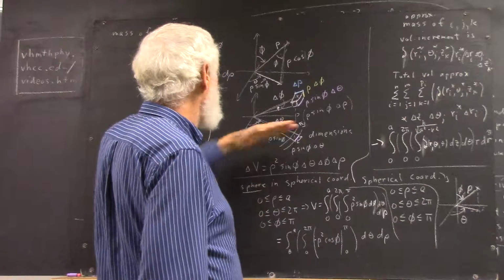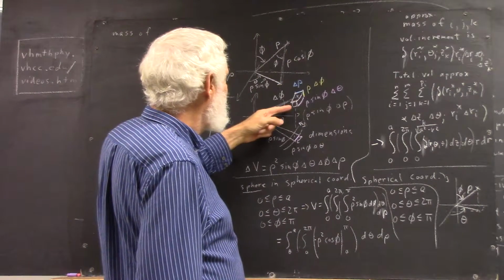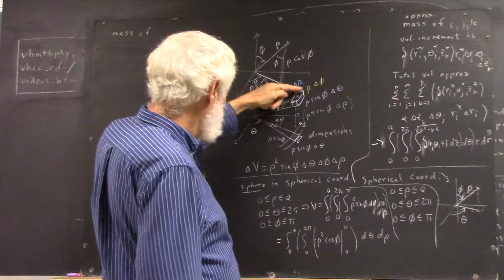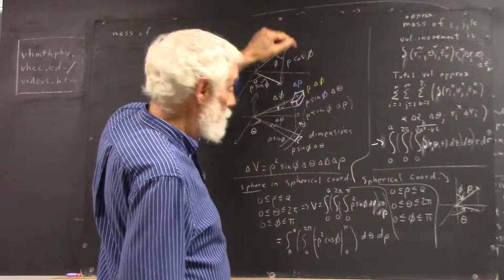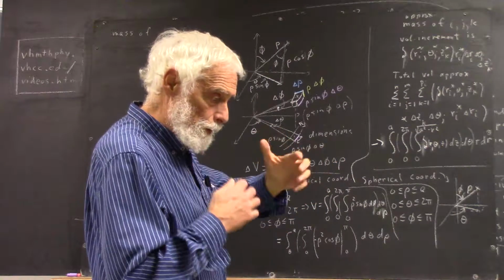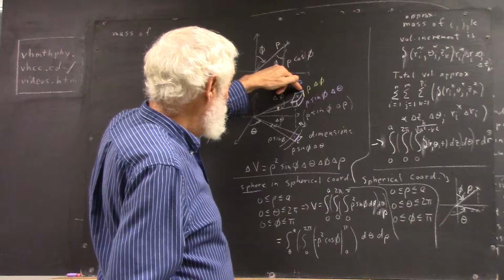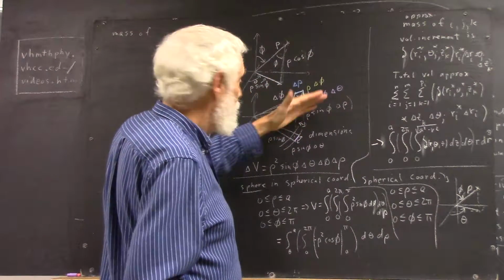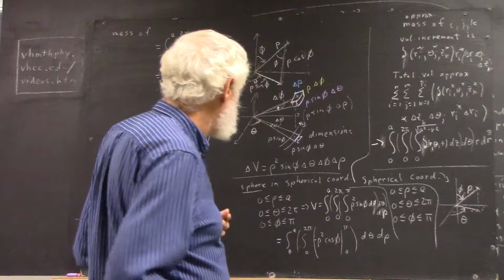Now, as we move up here, this side here is going to be the difference in the rho. This side is parallel to our line from the origin to rho, or very nearly parallel to the extent that our increments are small. Okay, so this side is going to be delta rho, because you're going to have a rho here and a rho here, and clearly you're going to have a delta rho.